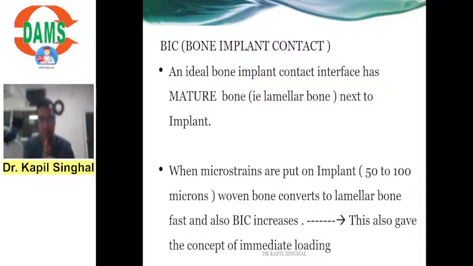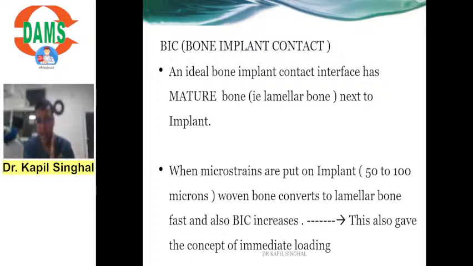Please remember, when you place the implant, if your implant is moving more than 50 to 100 microns, it is not good. So if they ask you a question, how much micro strain on your implant is okay, the micro strain of 50 to 100 microns is ideal, and this helps to convert the woven bone to lamellar bone, and it converts faster.